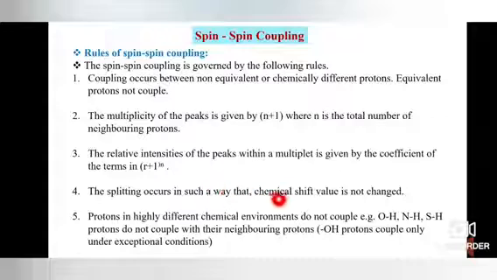The splitting occurs in such a way that the chemical shift value is not changed. Protons in highly different chemical environments, for example OH, NH, SH protons, do not couple with the neighboring proton. Only the OH proton can be coupled under exceptional conditions.